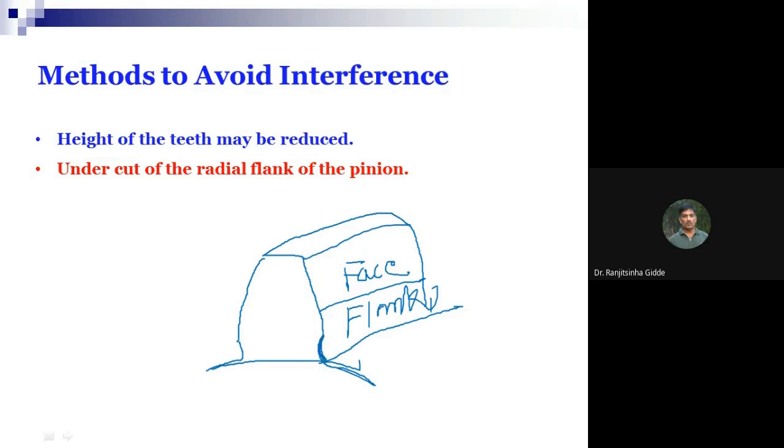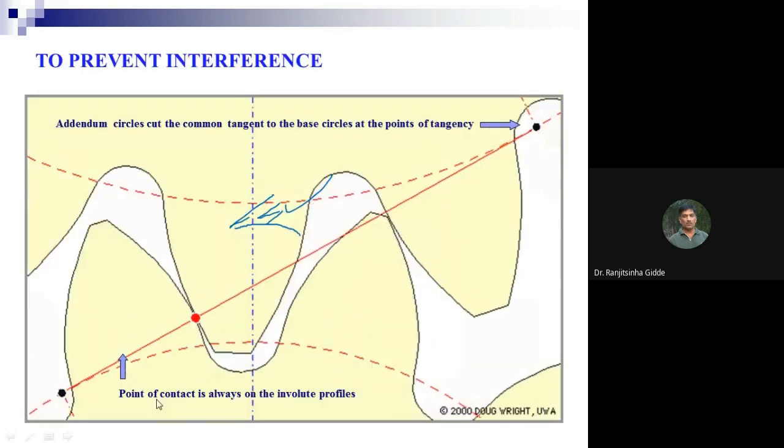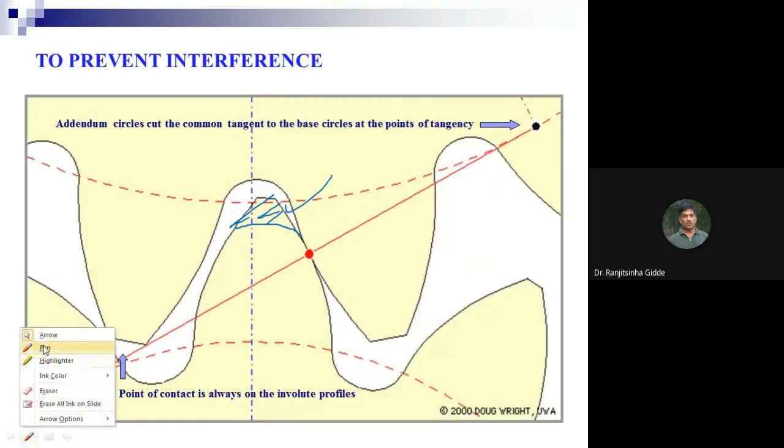This portion. Originally there was, this is the curve. We have removed this much area from the original tooth. So you can check this.